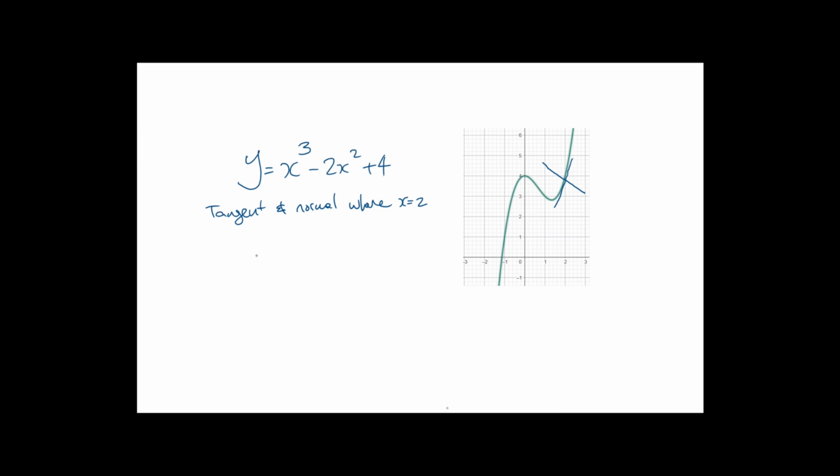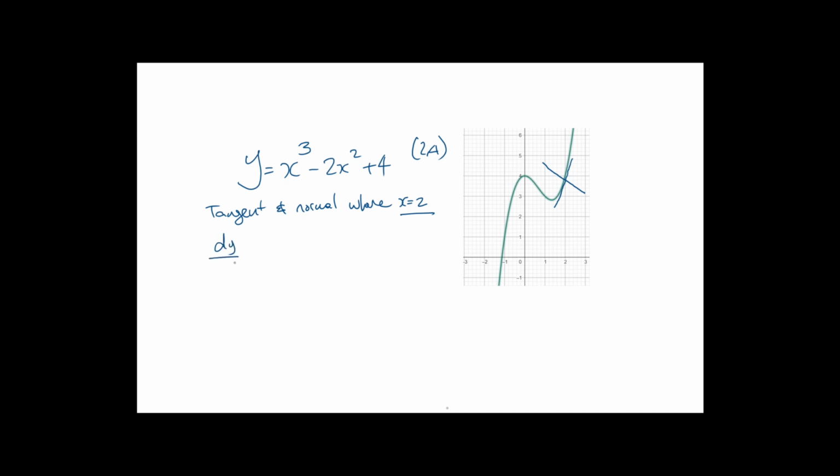How do we find the tangent? Well, we need to find the gradient, and we would need to find the y value where x equals 2, and I'm just going to give it to you. It's at 4. It's at (2, 4). I'm just going to cheat for now.